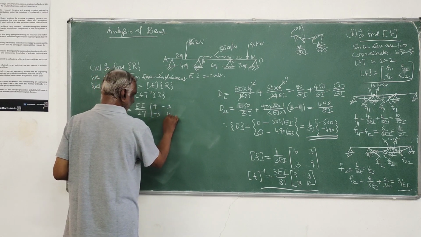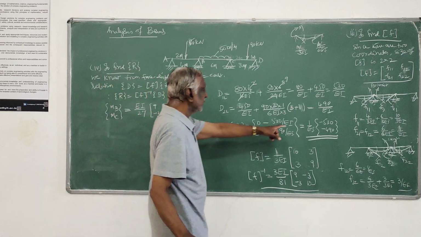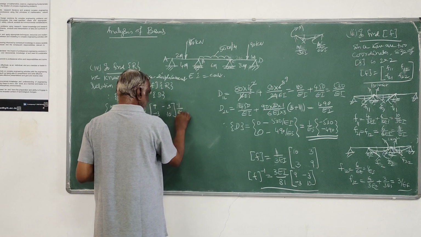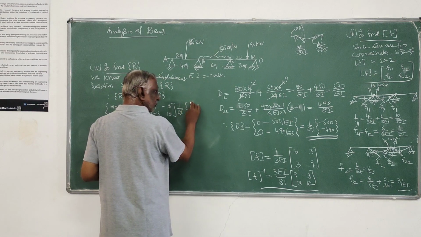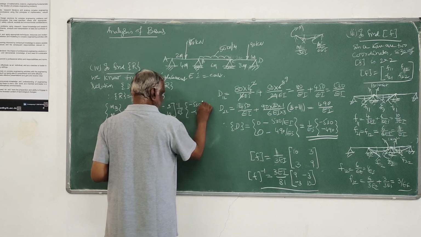minus 3, 10 into D, which I have evaluated, 1 over EI into minus 530, minus 490.